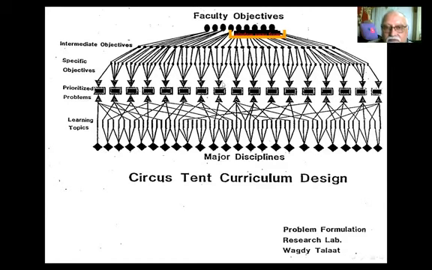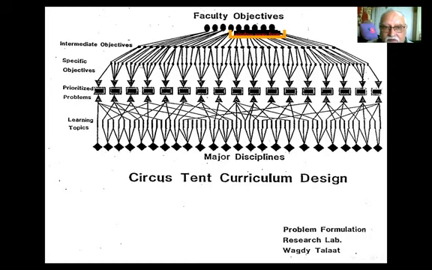So if we adopt an objective oriented curricula, we start with the general objective of the whole school. We call it institutional objectives that fan out like this to the level of the intermediate objectives. And from the intermediate objectives, we start to divide them into the level of very specific objectives that come in hundreds of specific objectives.